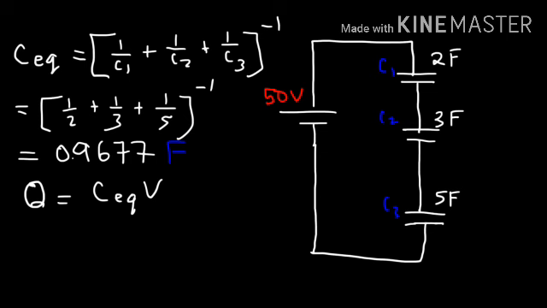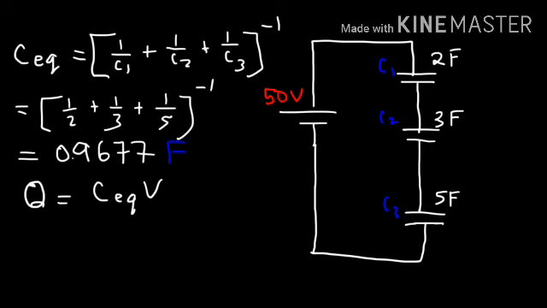Now, in a series circuit, the charge stored on each capacitor is the same. Make sure you understand that difference. So once we find Q, this Q will be the same as Q1, Q2, Q3. They all equal each other. And this will be very helpful in calculating V1, V2, and V3.